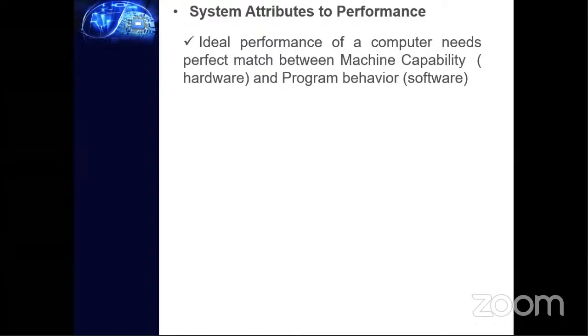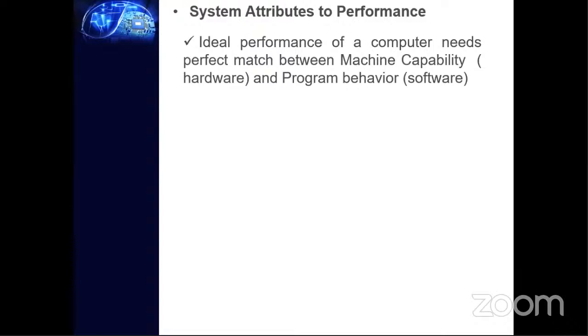But that ideal performance heavily depends on a perfect match between which one? Machine capability and the programming behavior. That means hardware and the software. We know well, a computer comprises two things as a major fact: the hardware devices and the software components.